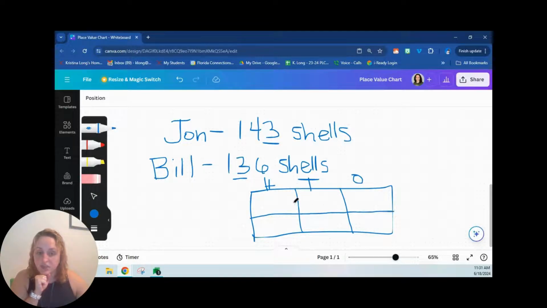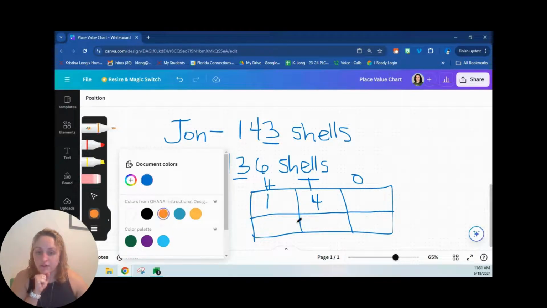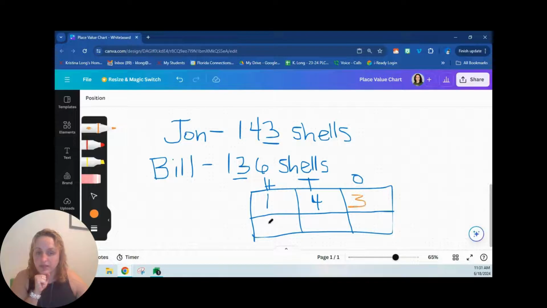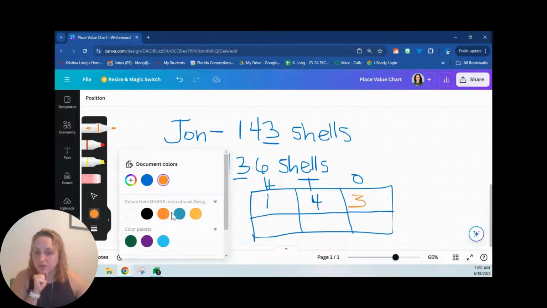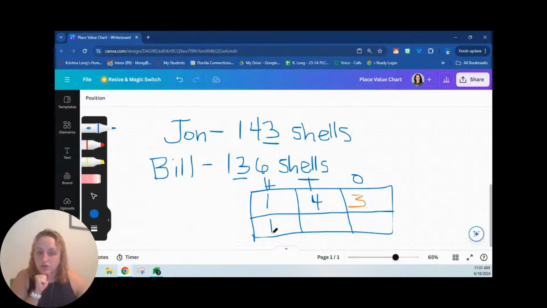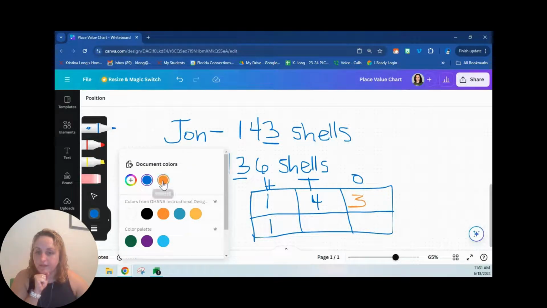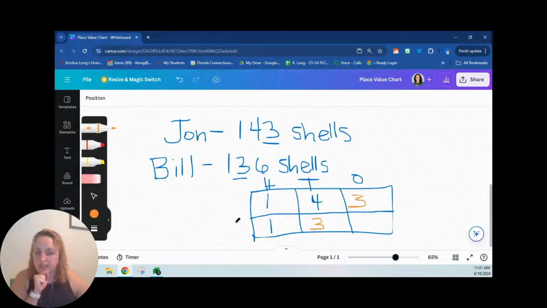I'm going to change colors for our focus number, which is 3. Then we have 143 and 136.